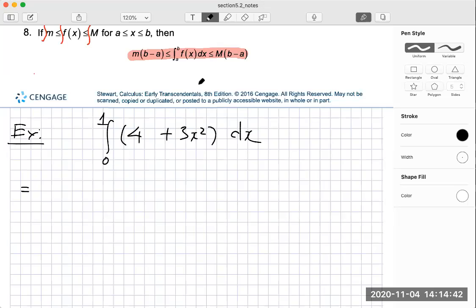You can look at the notes and tell me which formula we should use to compute it. First, this is a sum, right? So can we write it as the integral from 0 to 1 of 4 dx plus, what is it here?